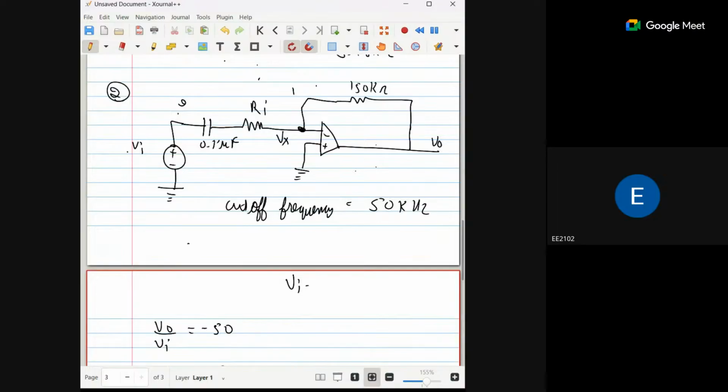So Vi minus Vx upon Ri plus 1 by CS, that is 1 by CS, is equal to Vx minus V naught upon 150 kilo ohm. Okay.